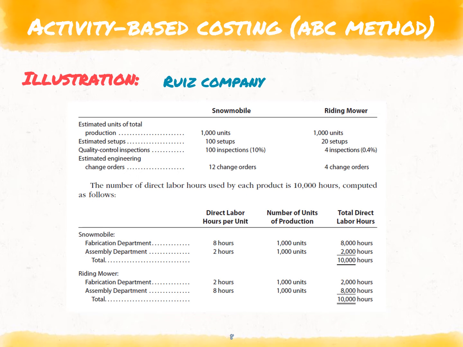While for riding mower, it requires 2 hours for fabrication and 8 hours for assembly, multiplied by the number of production units. So we have 2,000 hours for fabrication and 8,000 hours for assembly, for a total of 10,000 hours.